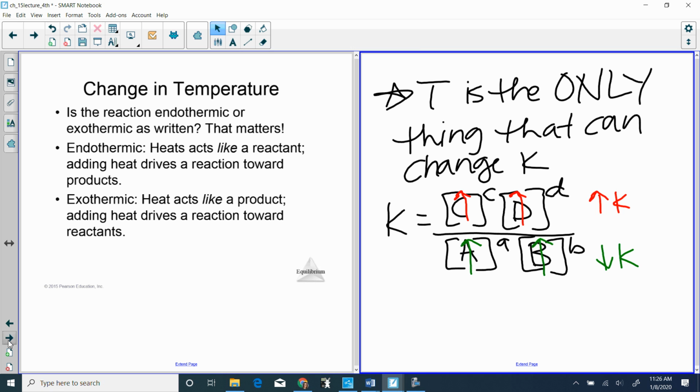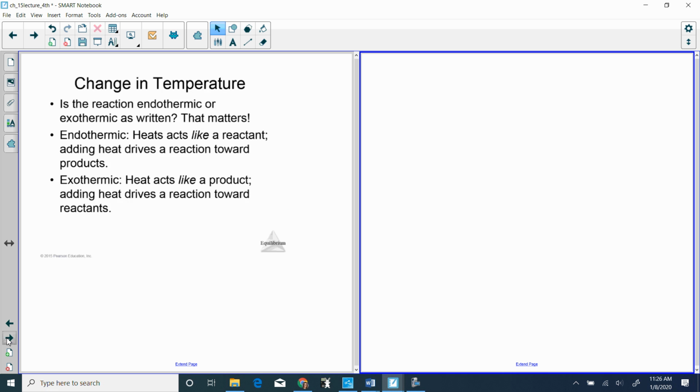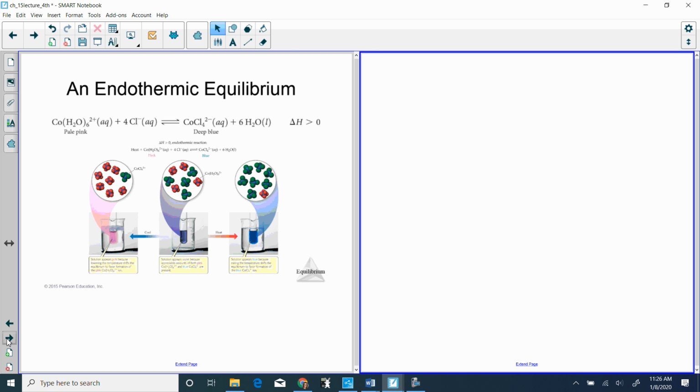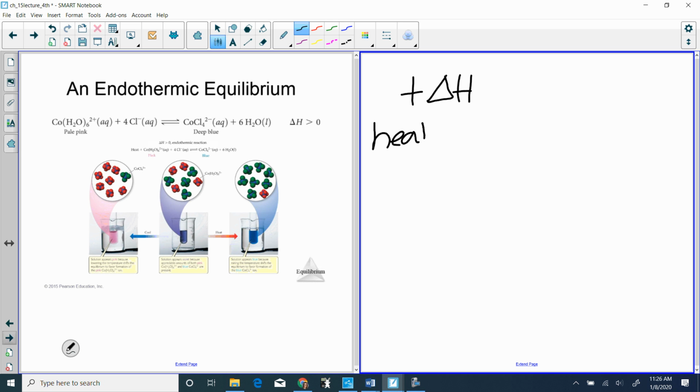How do you know whether you're increasing C and D or increasing A and B? You have to know if it's exothermic or endothermic. So let's do endothermic first. Endothermic is a positive delta H. Heat is going into the system, which means heat is like a reactant.